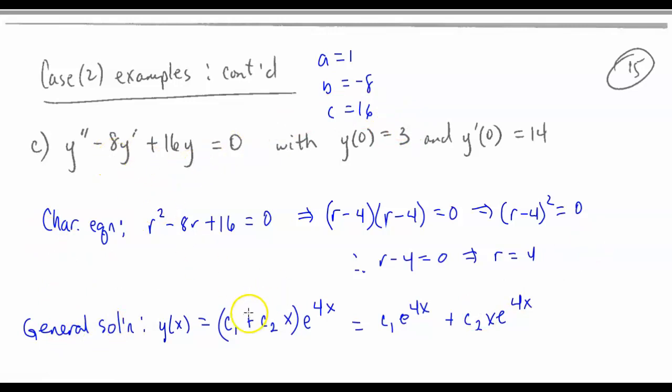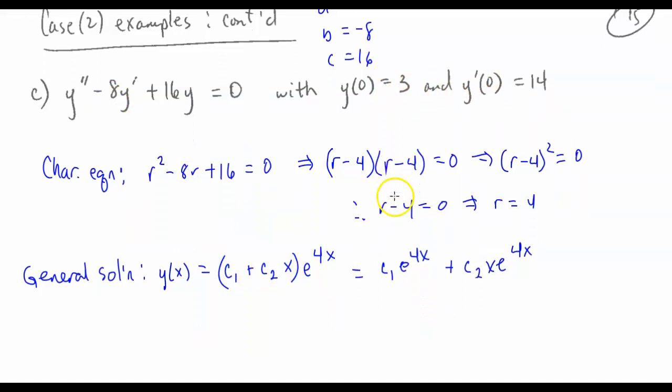Now we need to figure out what C1 and C2 are specifically, since we have these initial conditions here. Okay. So if we use the first initial condition, which is going to be y of 0 is equal to 3, then I'm basically going to take what I have here, and I'm going to use this form of it.